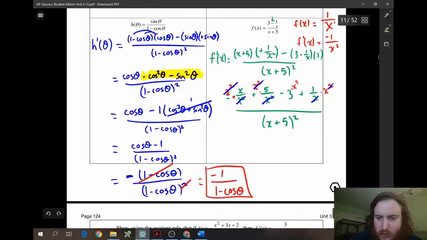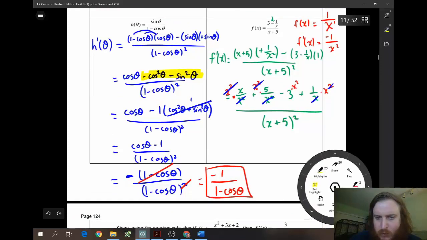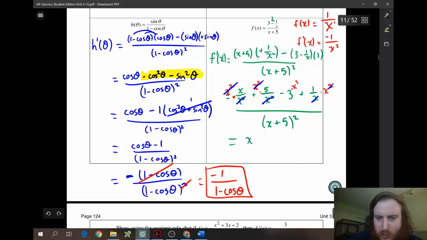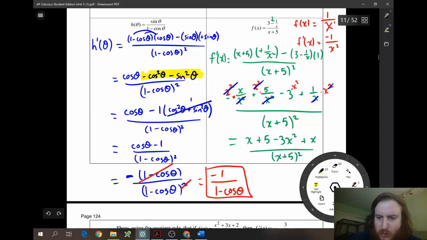And so that gives us x plus 5 minus 3x squared plus x, all divided by x plus 5 squared. And we'll just rewrite it, combine our like terms.